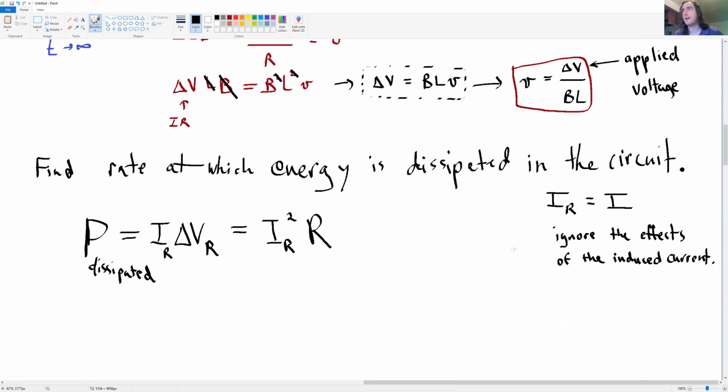That is not the correct answer. Put it in terms of the quantities that we're interested in, like the magnetic field, the length of the slide, things like that.